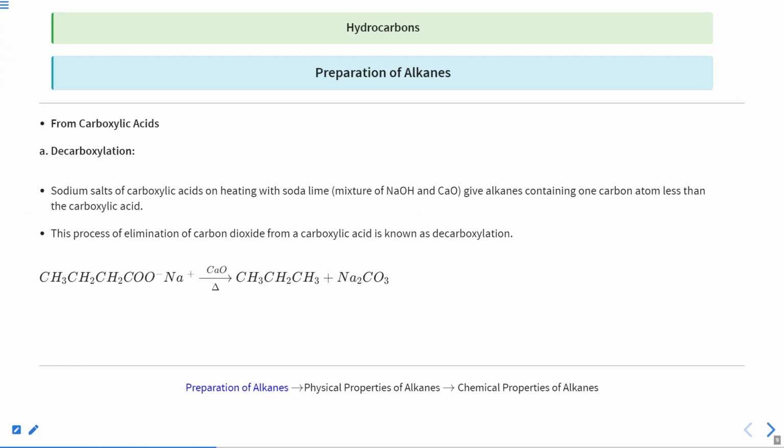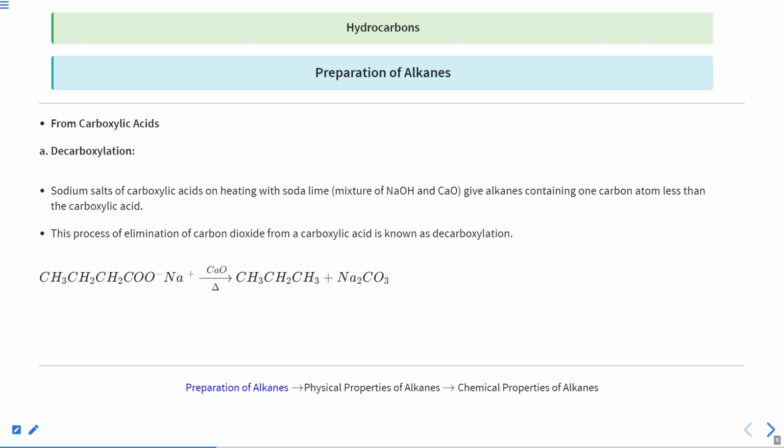Next is from carboxylic acid. What is done here? We take a carboxylic acid and treat it with sodium hydroxide. That results in a carboxylate ion. When this carboxylate ion is treated with calcium oxide in the presence of heat, it gets cleaved out.